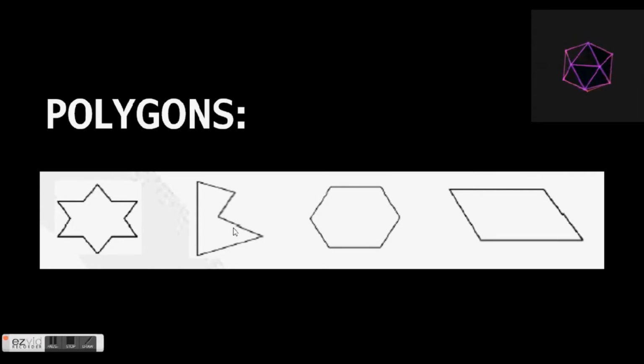Another one is yung mga sides nila ay mga straight lines or straight line segments. Lahat. And meron silang mga endpoints, 'di ba? Kapag connecting two line segments, merong mga endpoints. So these are few examples of polygons.